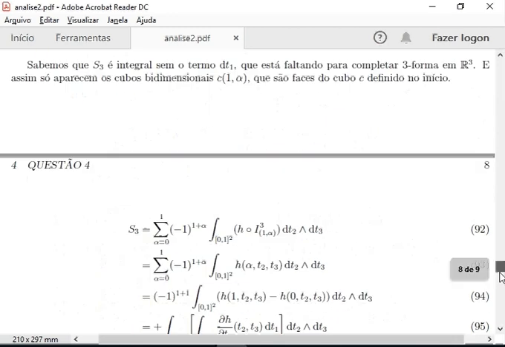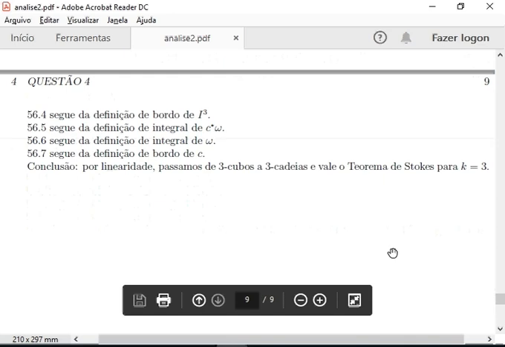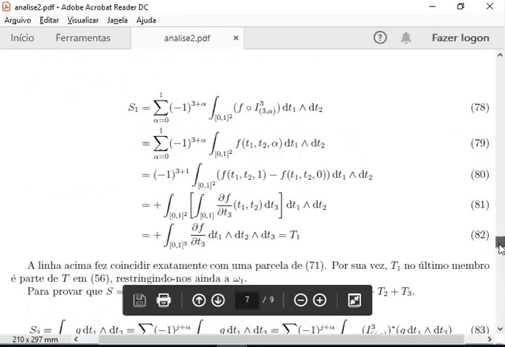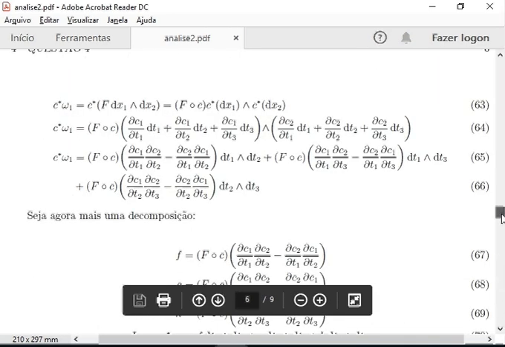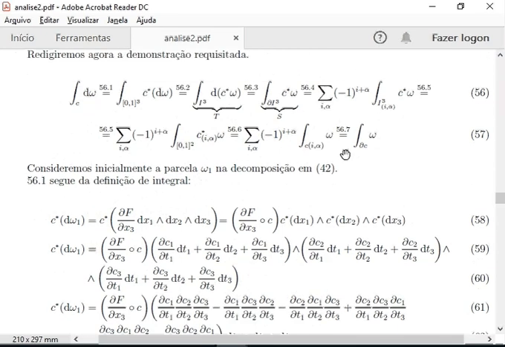And for last, the definition of border of C, 56.7. The border of C is the oriented sum of C I alpha multiplied by minus 1 elevated to i plus alpha.